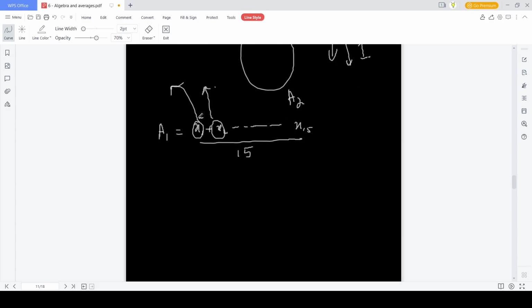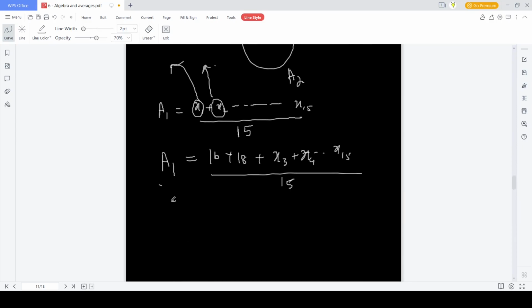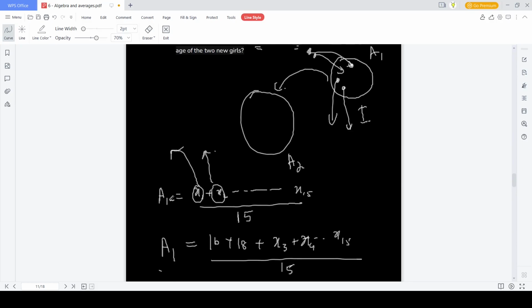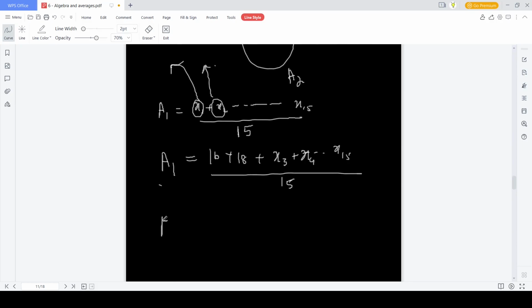So now the average is equal to 16 plus 18 plus the ages x3 plus x4, so on up to x15, divided by 15. This is nothing but A1, average 1. I will leave it like this because I will now find A2, the second average.